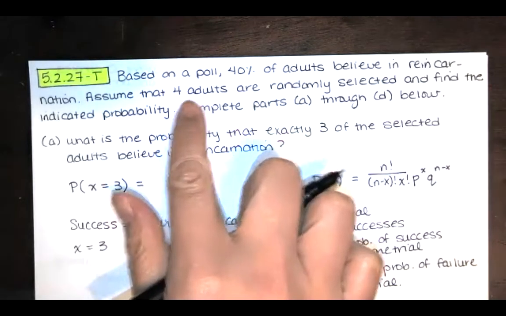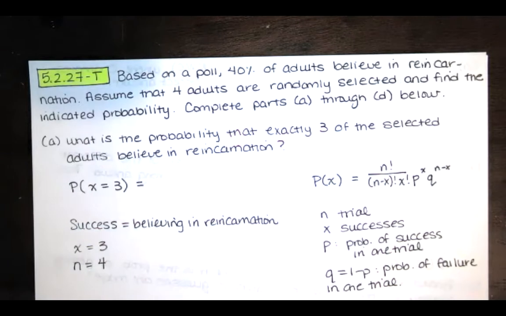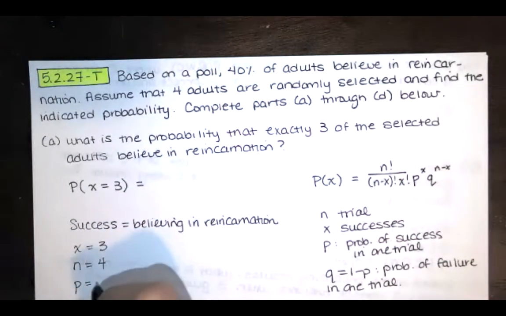Okay, well, we've selected 4 adults, so the number of trials is 4. And the probability of success in one trial, that's the probability of a randomly selected adult believing in reincarnation, is, according to that poll, 40%. But we want that in decimal form, so you move over that decimal twice.